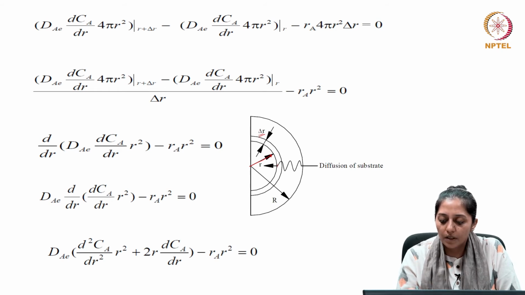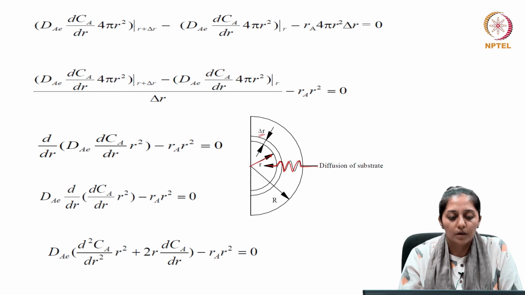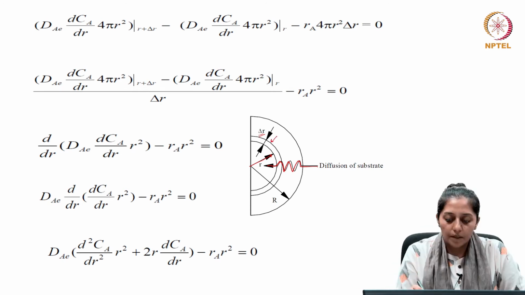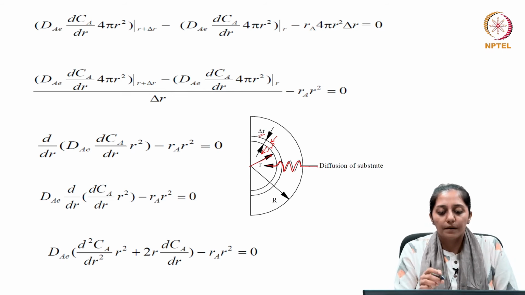As shown here, the substrate is diffusing inside this pellet to reach the core. Now with Fick's law, input as I am drawing here, then output, the difference will be equal to the accumulation of the substrate in the shell.